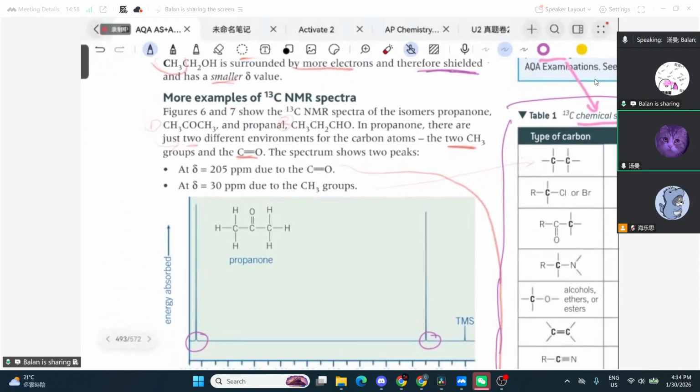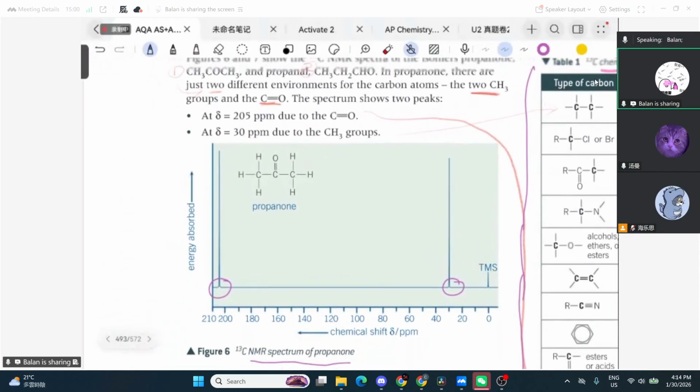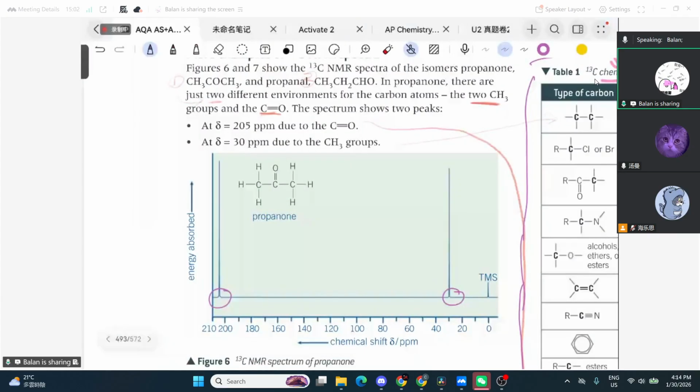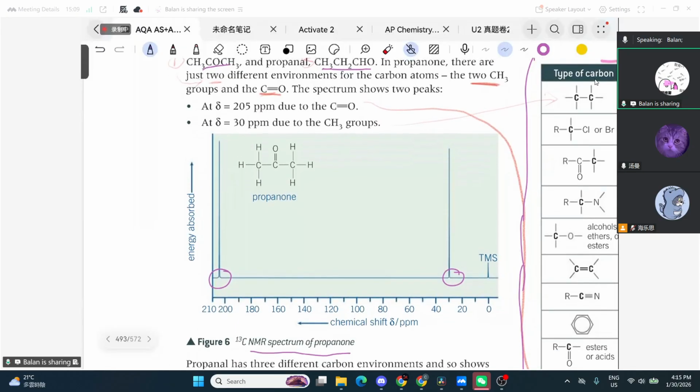Let's see more examples. We can observe CH3COCH3 and CH3CH2CHO, their spectra. First, this is the carbon-13 NMR spectrum of propanone. You can firstly search how many peaks. It's 2 peaks.